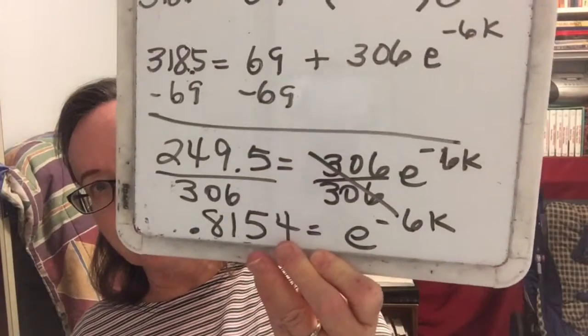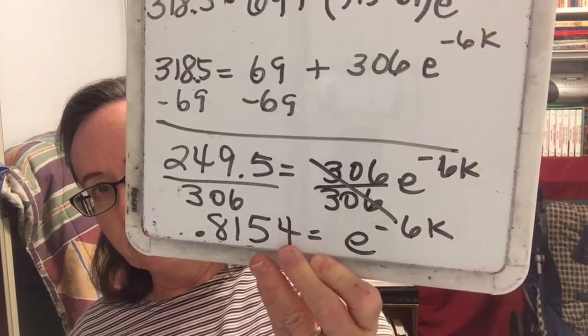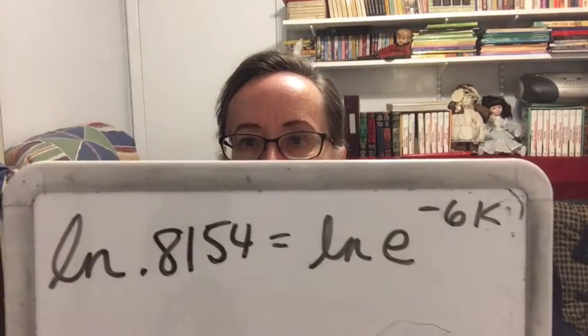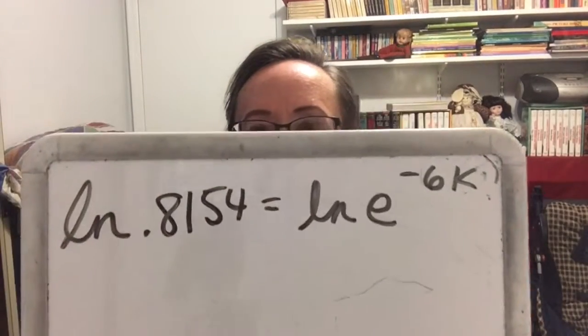And now we're ready to take the natural log of both sides. On the left, the natural log of 0.8154, and I'm using the natural log because I have an e in this problem, is equal to the natural log of e to the negative 6k. Once I get my e separated out, I am ready to take the natural log of both sides, which I did there.